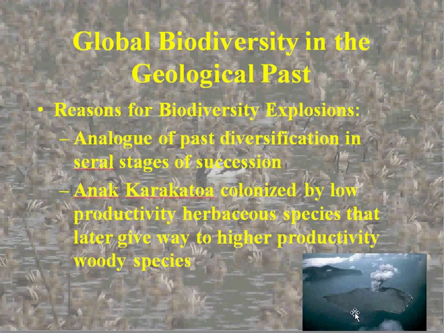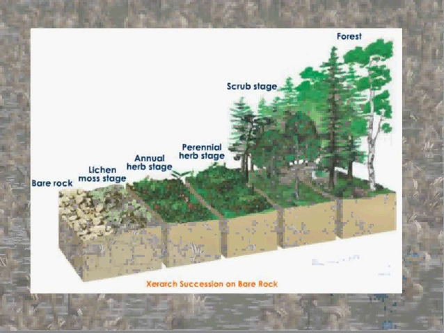Now, this serial succession, which occurred over decades, gives an analogue of how plant diversity has occurred in the fossil record. If we look at the different stages of succession, we would start with bare rock, and that's what land probably looked like before plants colonized the surface of the earth.